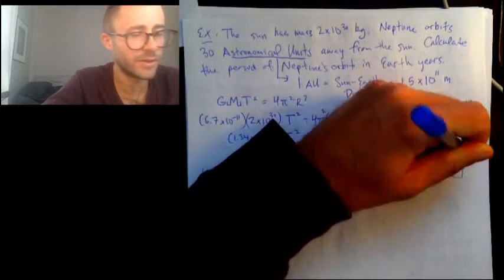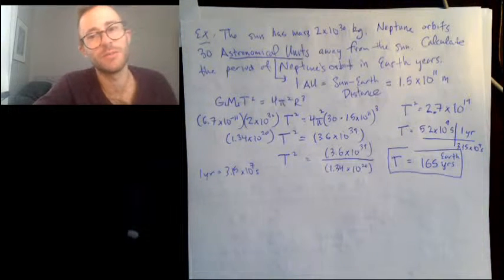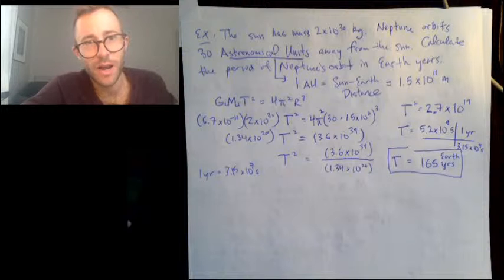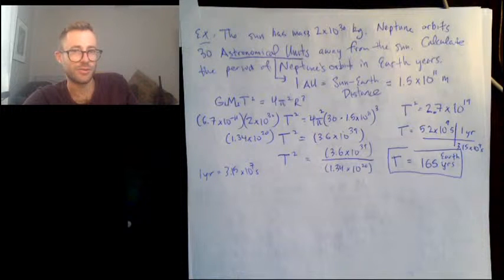Now, the period of Neptune's orbit is also 1 Neptune year, but we put it in Earth years. So what does that mean? It means for every 1 orbit that Neptune does around the sun, the Earth does 165 orbits. Okay, which is really funny to me.